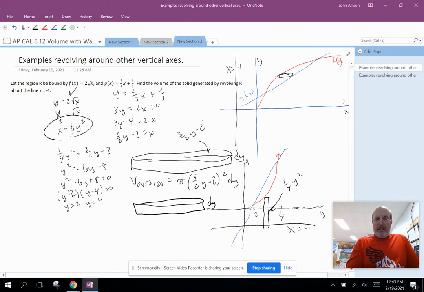Still dy is the height. This time the radius is 1/4 y squared. And so the volume of that inside disk is going to equal pi times the radius squared. 1/4 squared is 1/16, and y squared squared is y to the 4th, times dy.